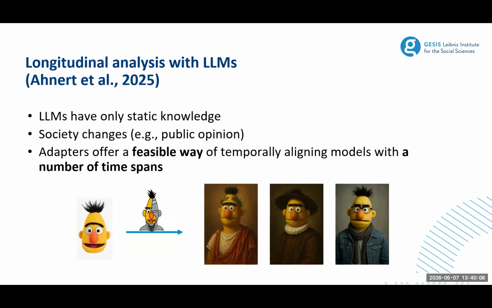You also see this in the bird picture here, or the several birds. The idea is that you take a model, in this case a bird model, but it could also be a llama or so, and you have one adapter per time span. So here's an ancient bird, a medieval bird, and a modern bird, for example.